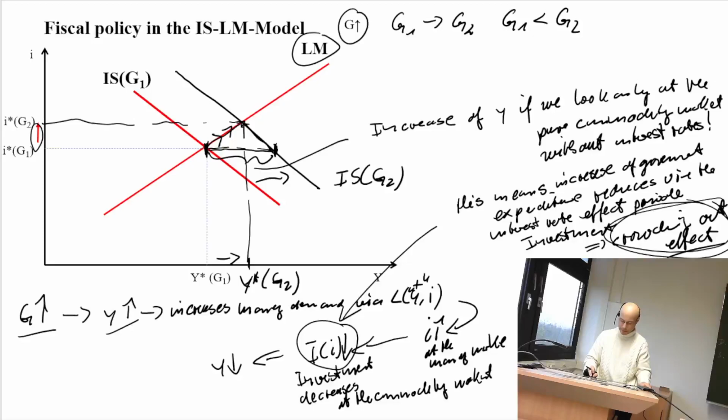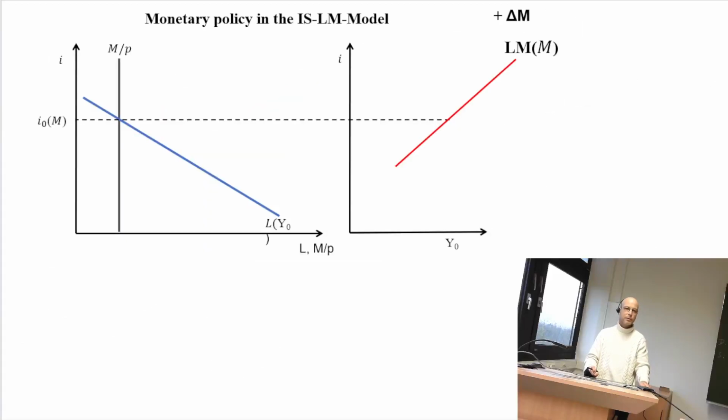Okay, and then, of course, we also want now to talk about monetary policy. What happens if the central bank intervenes? And how can the central bank intervene? Well, just if they increase the amount. Interest rate, this is right.